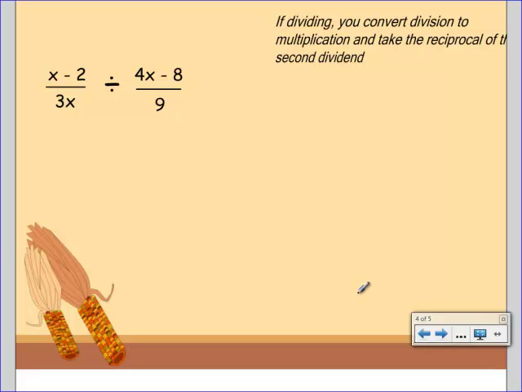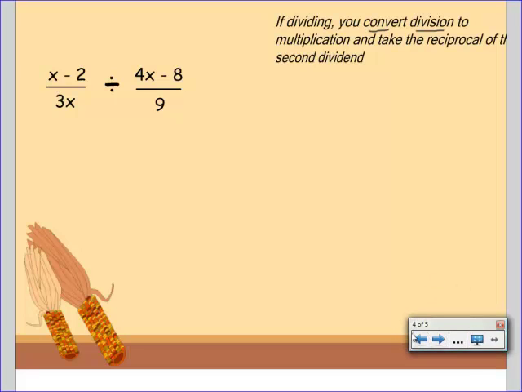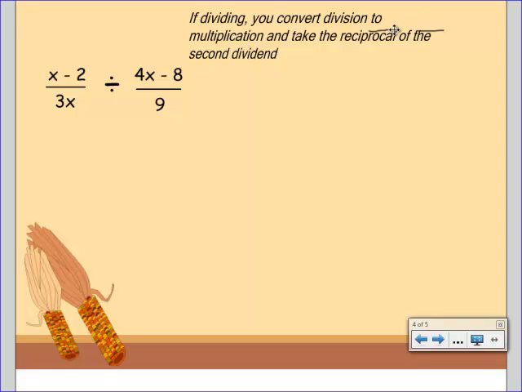All right, and the last thing we have to look at is a little bit of division. But this is easy because you convert division to multiplication. Let's get this pulled out so you can actually read it. There's been a lot of little chants I've heard over the years.